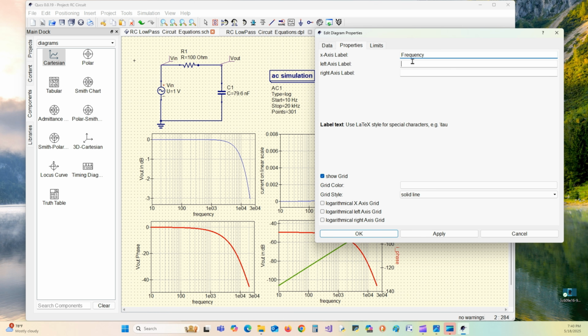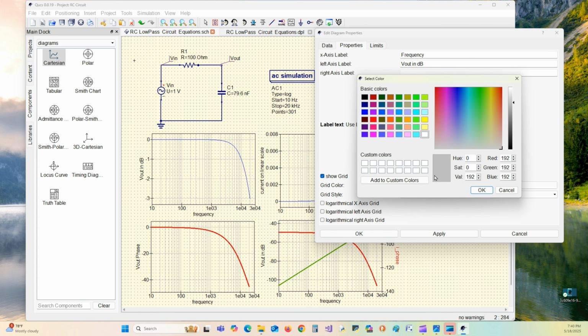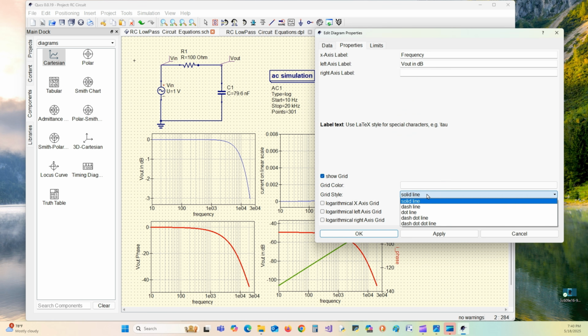The y is V out in dB. The color is red. We'll just keep that normal. The style is solid. We're doing a logarithmic x-axis only. And then we say we want to show the grid, and we hit apply.